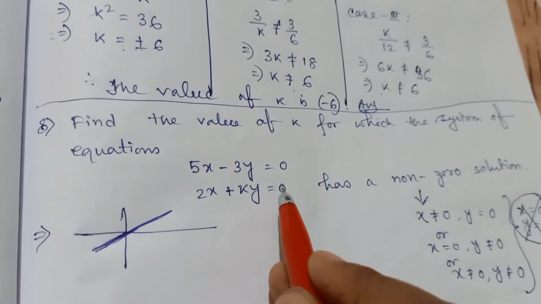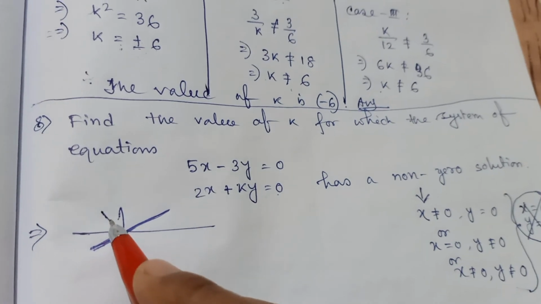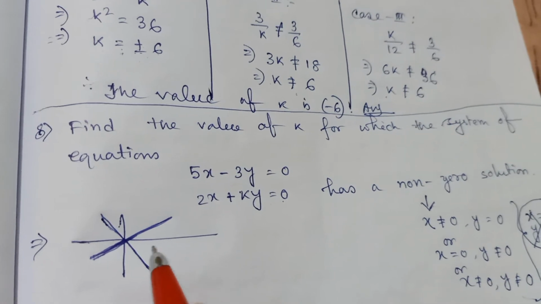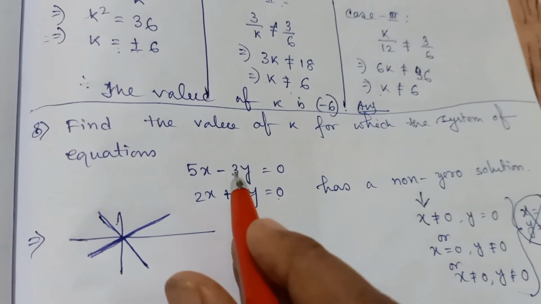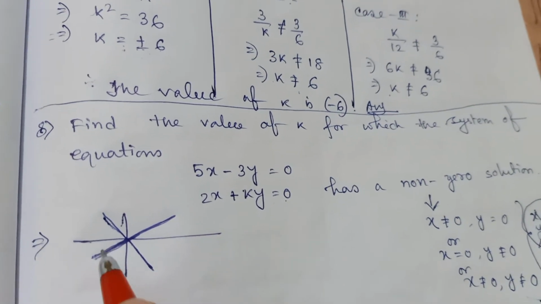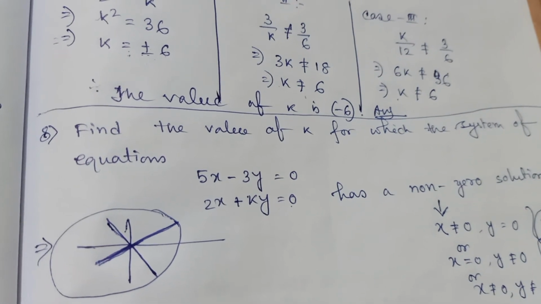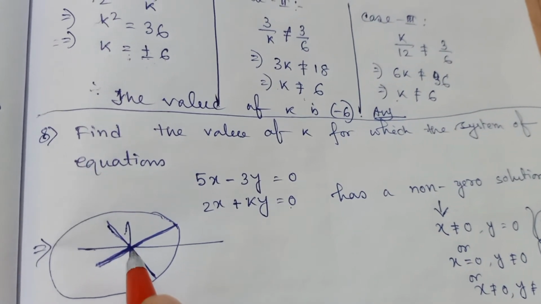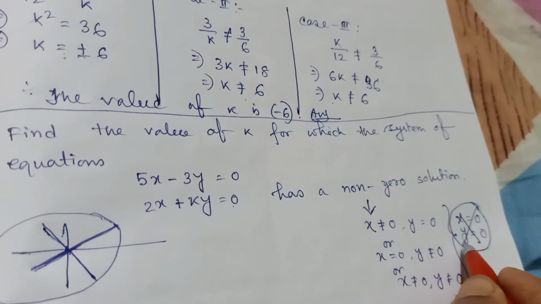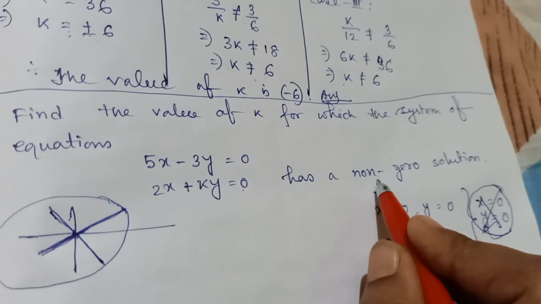If the constant is 0, then the line will be going through the origin. Second one also, first one and second one both. Now the problem is, if this type of figure comes, then we get only one solution, and that is the 0 solution, right? But we need to get a non-zero solution.